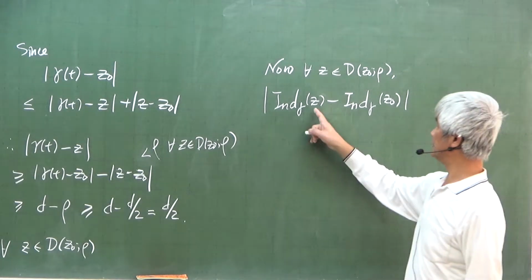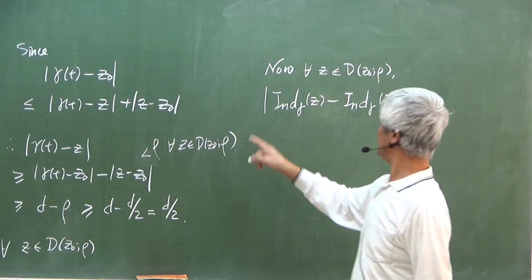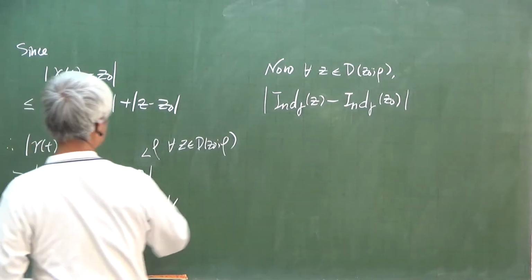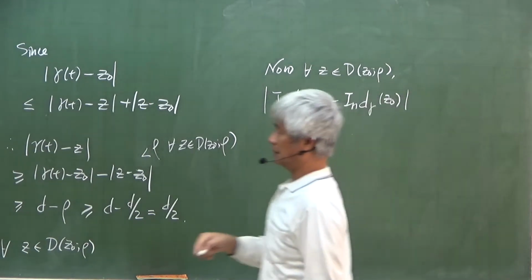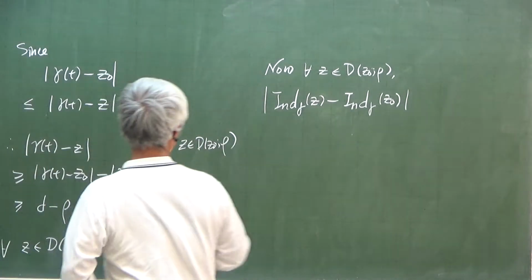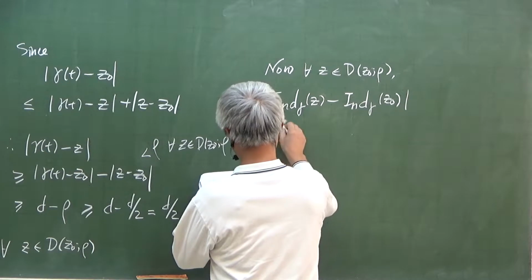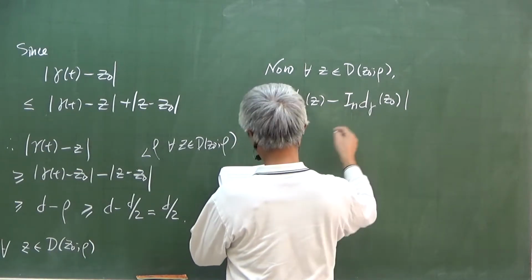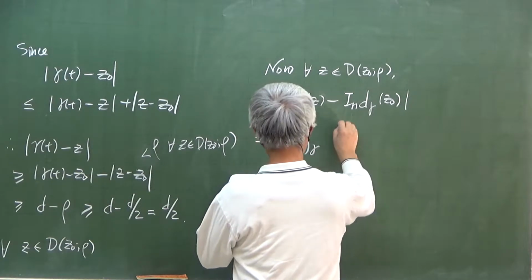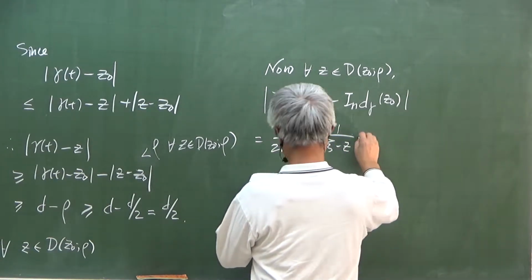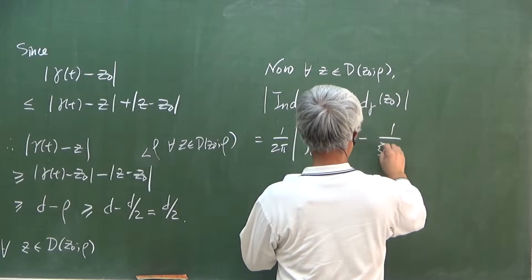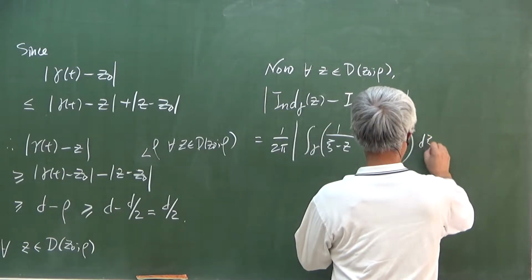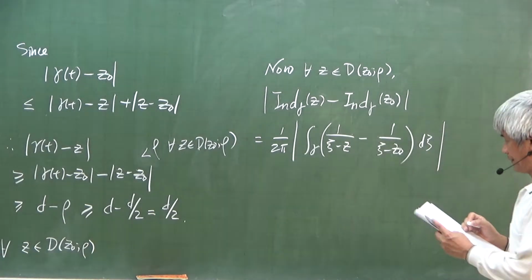So the index of z in this neighborhood minus the index of the center z0. All right, and so this is by definition. We take the f value, so this is 1 minus.